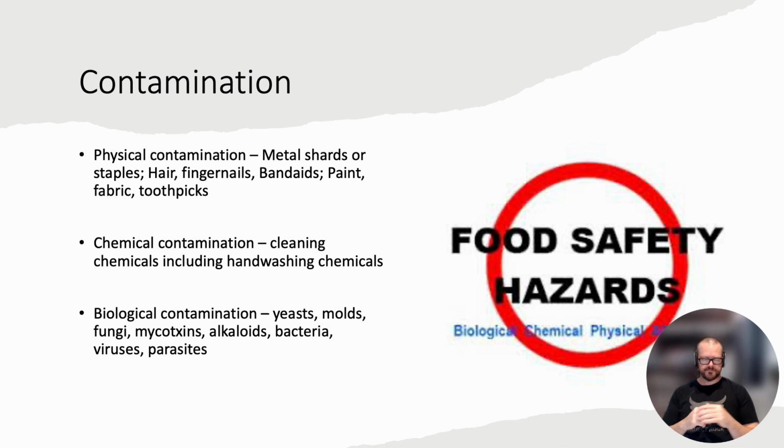Chemical contamination. This might be from cleaning chemicals not being rinsed off equipment properly. It might be from hand washing chemicals. It might be from any number of chemicals. And then biological contamination, which could come from yeasts, molds, fungus, mycotoxins, alkaloids, bacteria, viruses, and parasites. Okay, biological contamination.